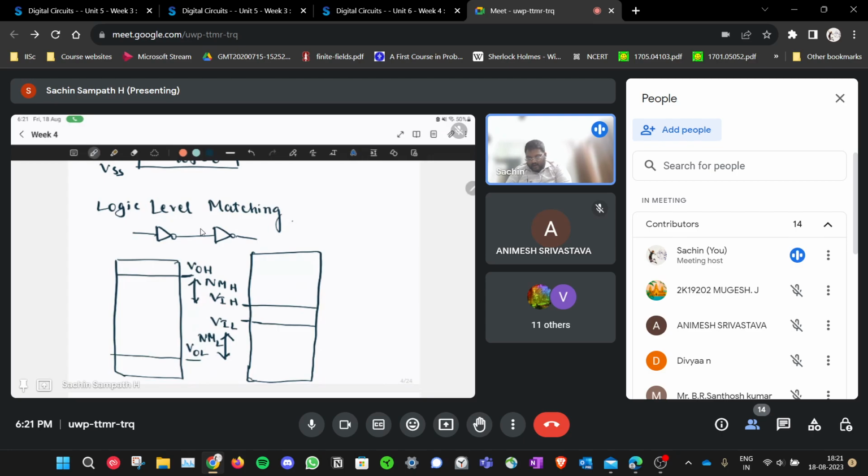Now you could have set both the levels equal to the middle of the max voltage and the minimum voltage. So if this was 5 volts and this was 0 volts, this is logic 1 and this is logic 0, right?